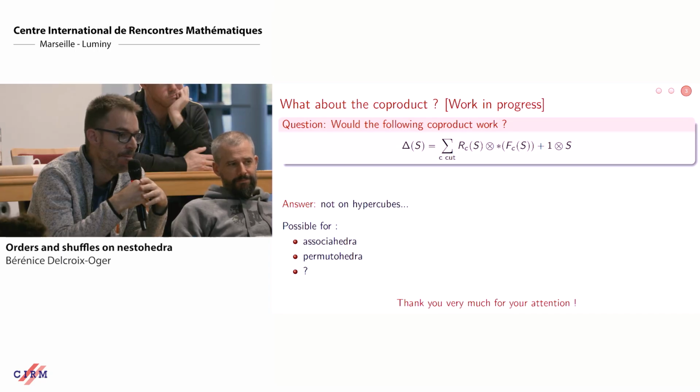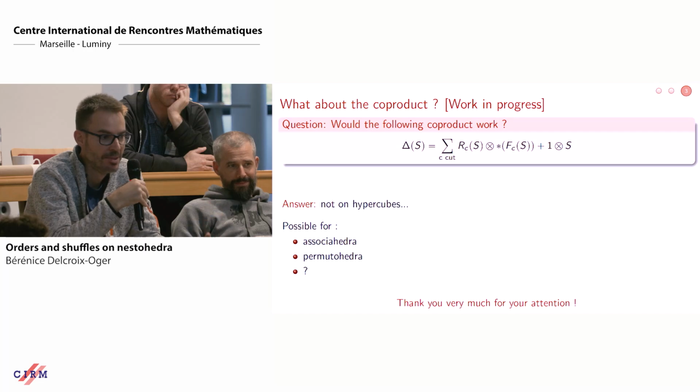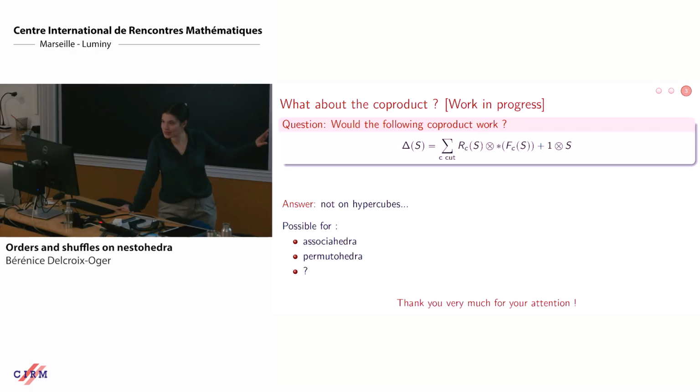So you asked me if I tried the other order known and defined on nestohedra. Yes. So you define one which is sort of different from the one which is very natural. I think it depends on the point of view. This one seems natural to us. In fact, we didn't look at all the orders.